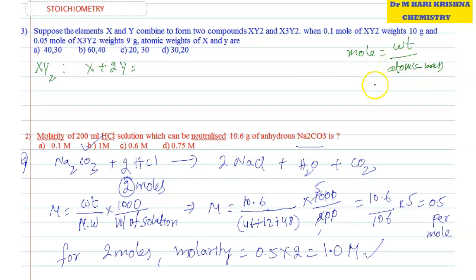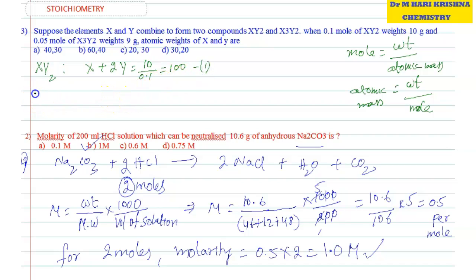So atomic mass equal to weight by number of moles. So how to calculate the atomic weight of XY2? Atomic weight of X plus atomic weight of Y into 2 equal to weight by moles. How much weight they have given? 10 grams of weight by number of moles 0.1. That means 100. So this is the first equation.